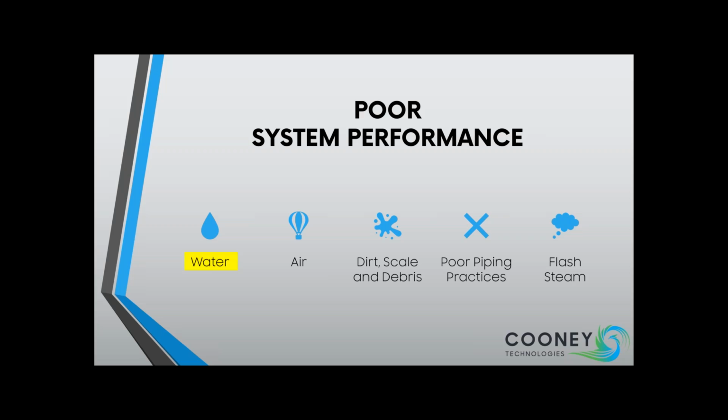Okay, the next item that causes poor system performance can be air. Air is really an unwanted byproduct of steam generation, because when the system is shut down, vacuum is created that can draw in external air through leaks and other openings in the system, vacuum breakers and the like. Air in the system can really reduce the heat transfer and reduce the temperature, since air acts as an insulator.